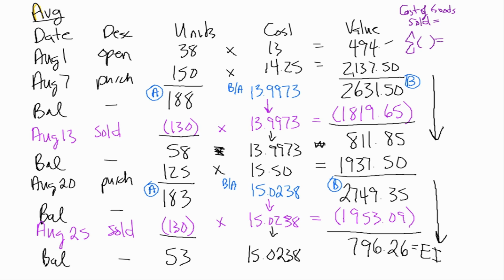The items in the bracket, the two purple items, $1,819.65 and $1,953.09. So that is equal to $3,772.74. So here we've got the cost of goods sold, and our ending inventory is right here.